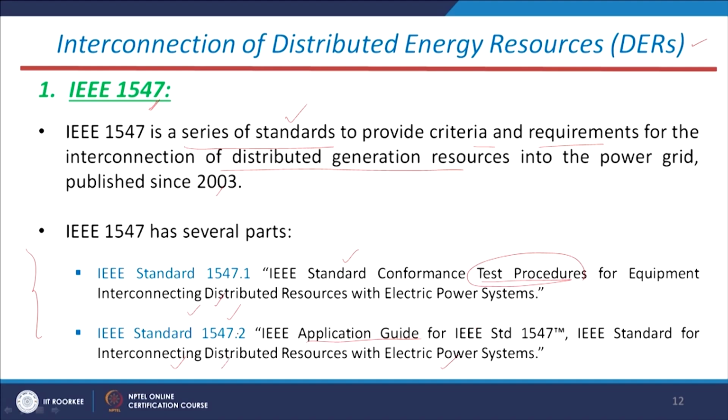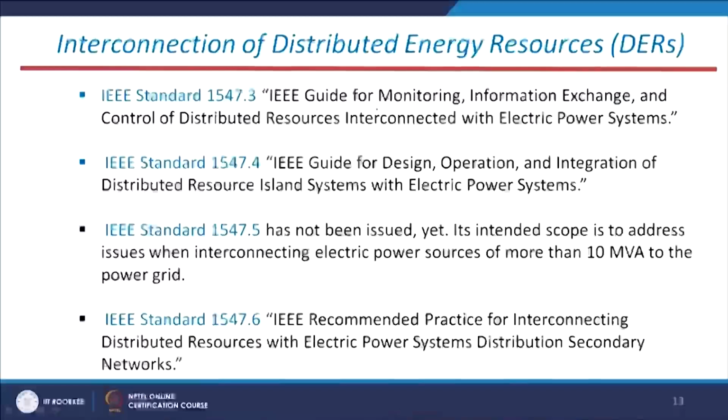How these distributed energy resources should be connected with our existing power systems, those rules and regulations are written in 1547.2. Similarly, our next series, 1547.3, provides information about the monitoring, information exchange and control of these DERs interconnected with our electric power system.